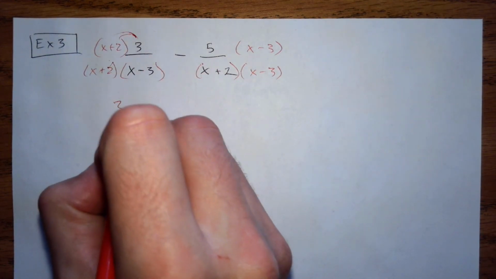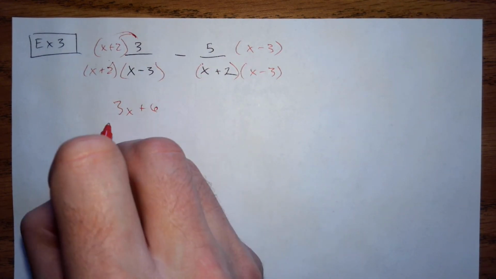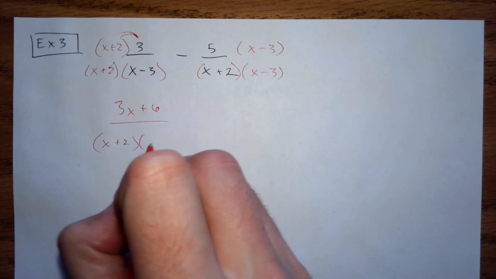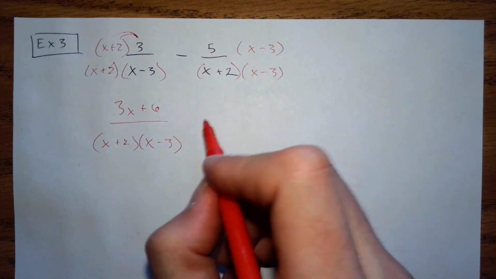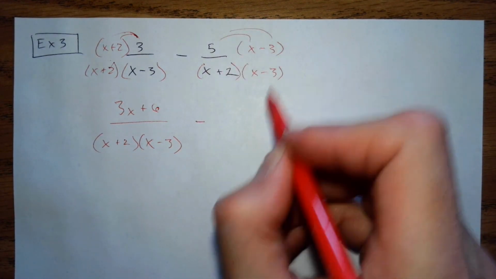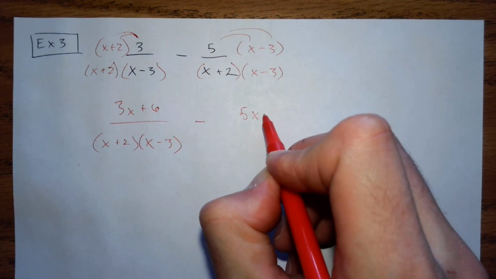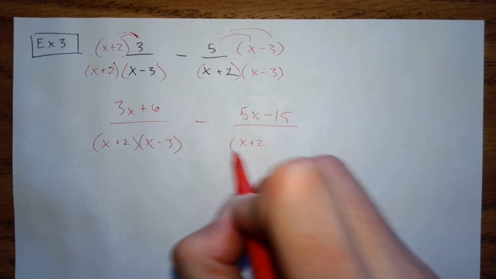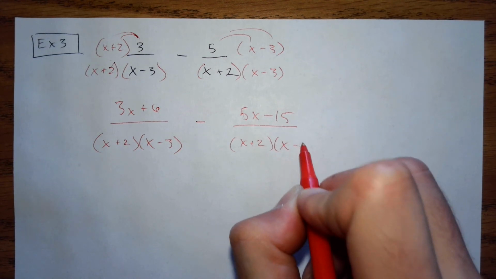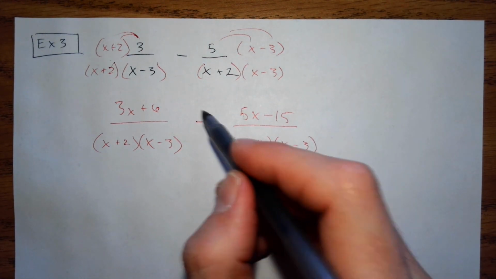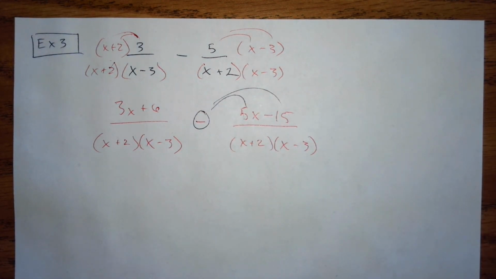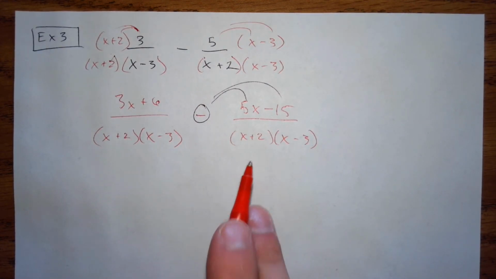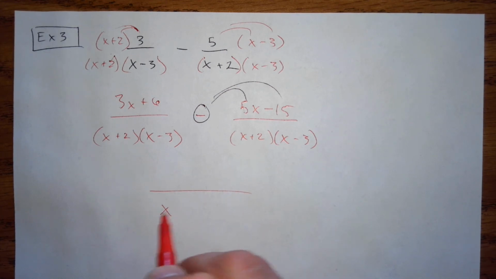So I have 3x plus 6 over x plus 2 times x minus 3 minus 5x minus 15 over x plus 2, x minus 3. I'm going to distribute this negative now. And then the denominators are the same, so I can write it once.